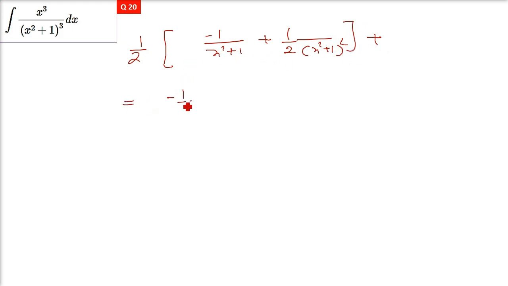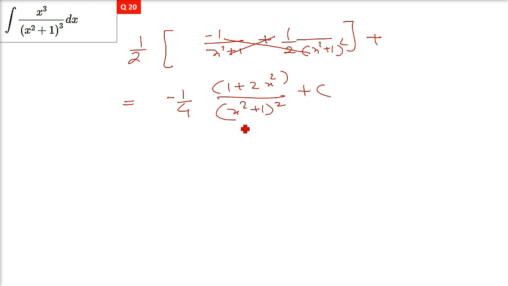Just take 1 by 1 plus x square outside. The final result will be negative 1 by 4, and the only way of doing it algebraically is I would encourage you to do this by yourself. So this is your final result plus constant of integration, of course.